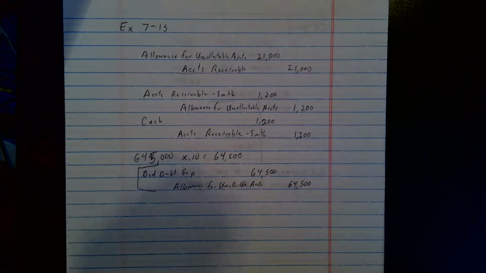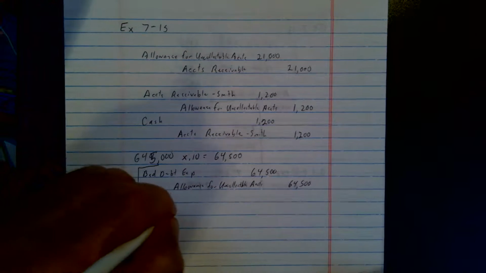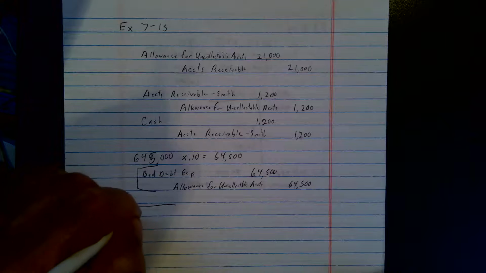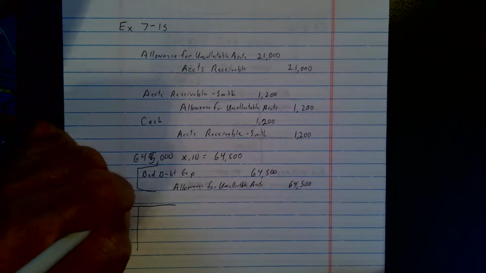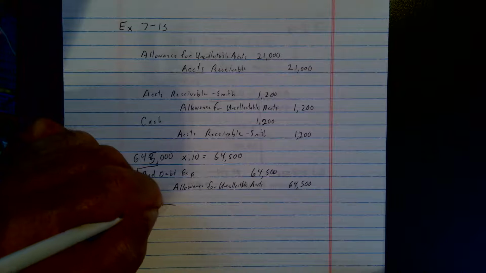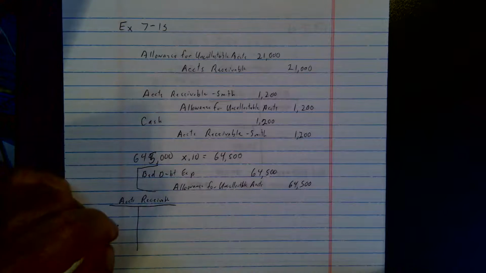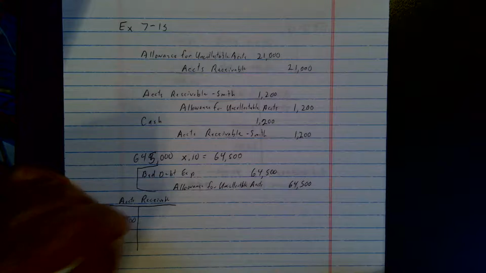Okay, and then part 2 says, how would accounts receivable be shown in the 2021 year-end balance sheet? All right, so we've got 2 T accounts, accounts receivable, and we are just told that we have a balance there of $645,000.